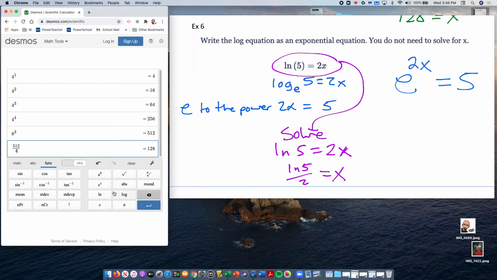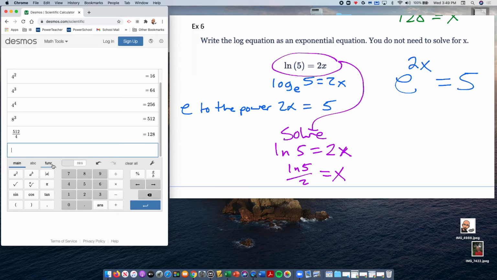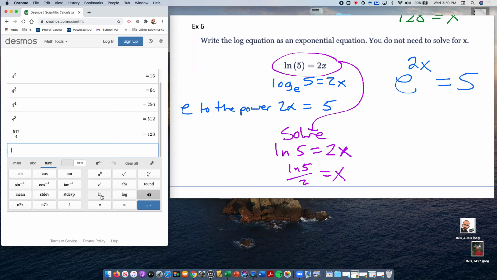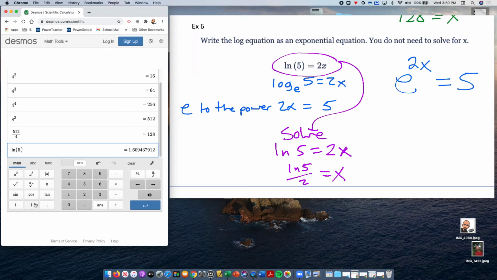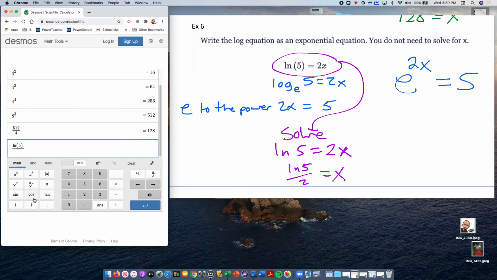If you look over here, in the main thing I don't have it, but if I hit this functions, there's a natural log key. So if I did the natural log of 5, and then I closed the parenthesis, and I did divided by 2, I would get, in this case, x is equal to 0.8480447.